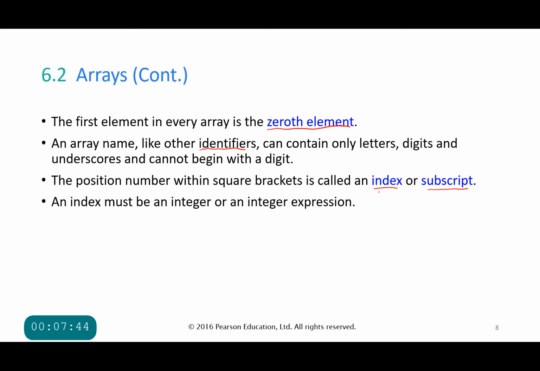The more commonly used terminology is actually index, but you can call it subscript as well. So index number 1 basically means that we are referring to the second element of the array. So C[0], with index number 0, refers to the zeroth element of the array.